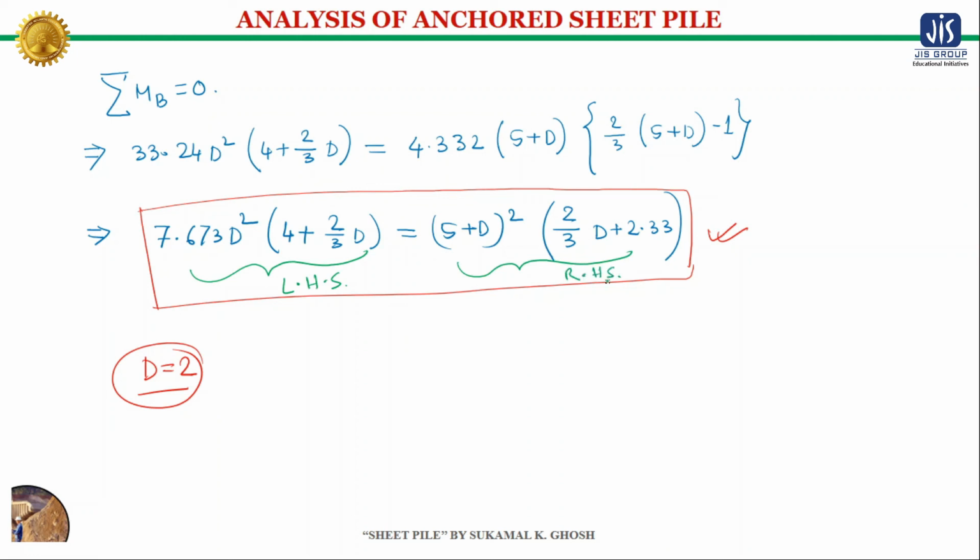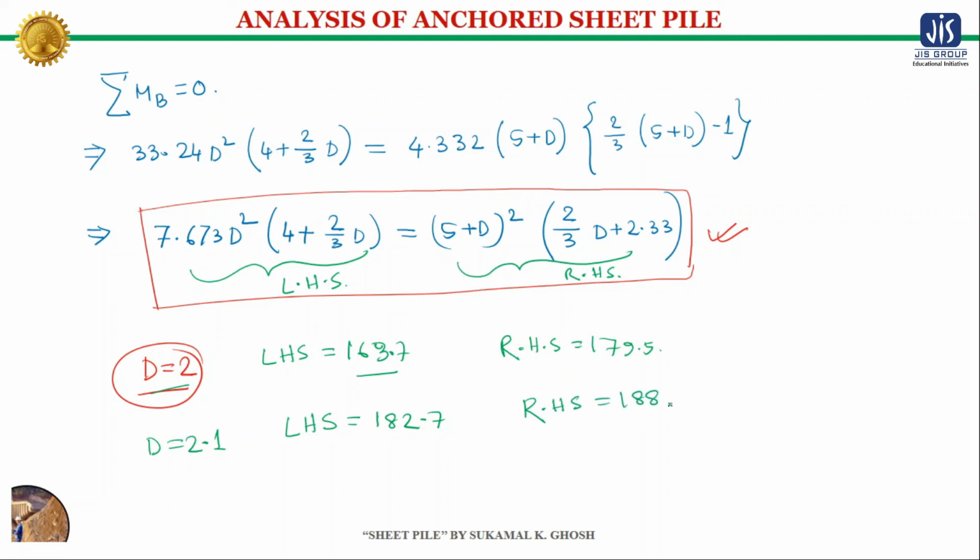If D is equal to 2, then the left hand side is equal to 163.7 and the right hand side is equal to 179.5. Now if you consider D is equal to 2.1, then the left hand side will be equal to 182.7 and the right hand side will be equal to 188. So we are getting close values, right?